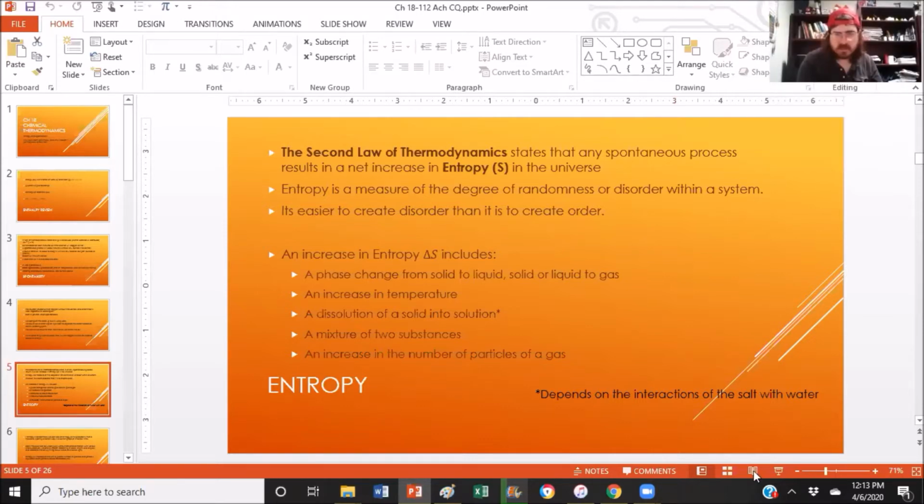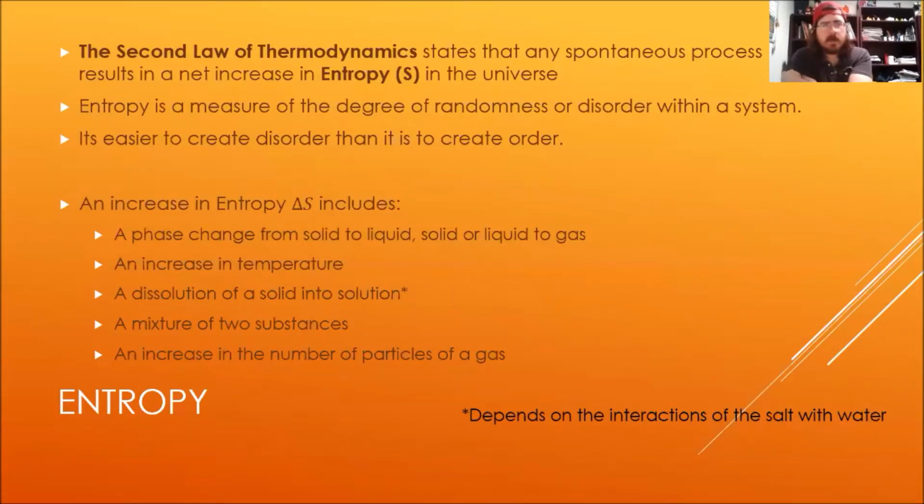So we had last left off on the idea of entropy in the second law of thermodynamics. The first law, as a reminder, stated that matter can neither be created nor destroyed, and that's how we get that internal energy is the sum of all heat and work, among other things. Well, the second law states that any spontaneous process, a process that occurs without outside intervention, results in a net increase in entropy for the universe.